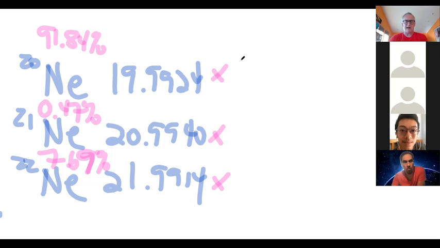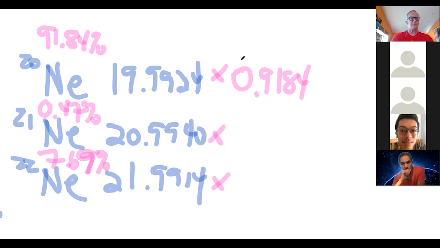Oh, because it's a decimal, you change it. Right. So we multiply by 0.9184. Bingo. We need to convert the percentage to a fraction, because a percentage is a fraction times 100. We don't want to multiply by 100, we want the actual fraction. So we turn it back into a fraction.